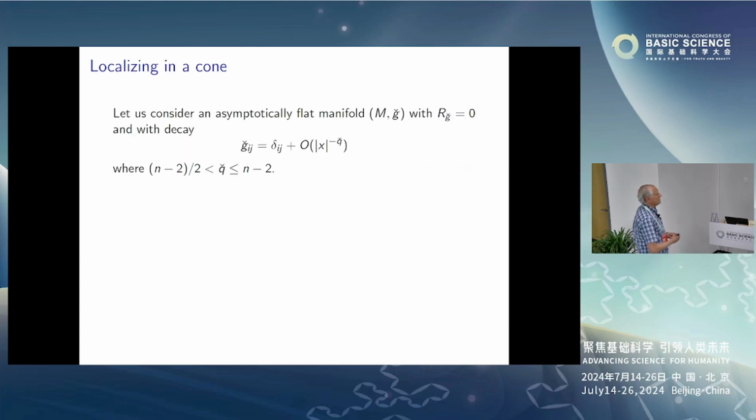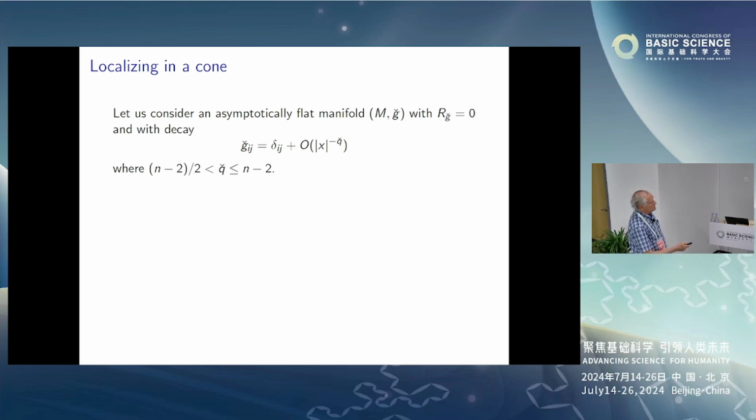Okay, and so as I said, we're going to prove a theorem about localizing data in a cone. So we're going to consider asymptotically flat data, and actually I'm just going to talk about the case when the scalar curvature is zero. So that's the constraint equations in the so-called Riemannian case, when the second fundamental form is zero.